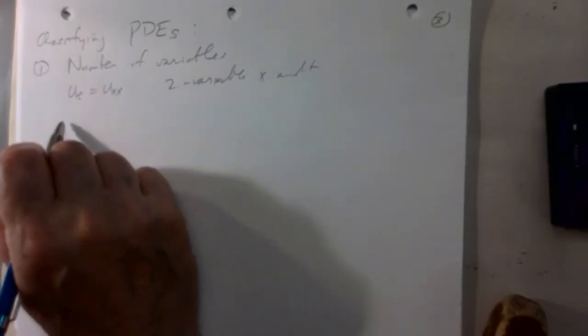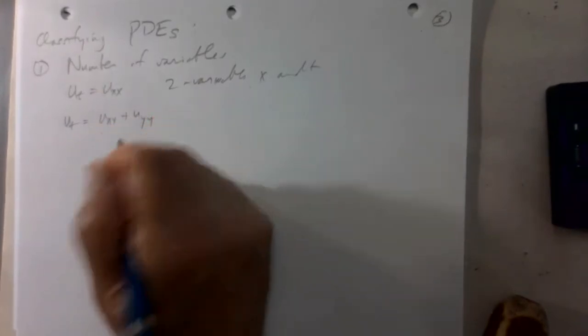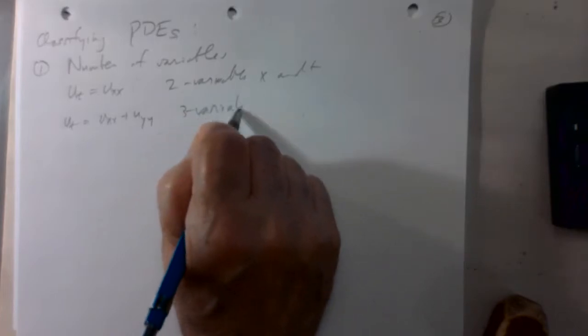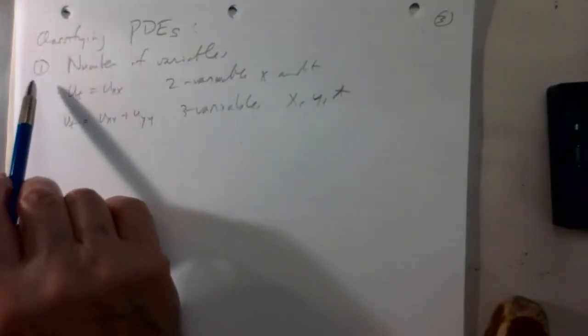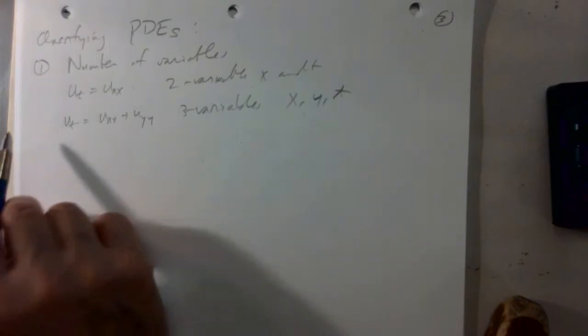If you have ut equals uxx plus uyy, these are all famous equations. This has three variables, x, y, and t, and so forth. So the first thing you look for when you want to understand a differential equation is how many variables we are talking about. There have to be at least two, otherwise it's not a partial differential equation, it's just an ordinary differential equation. So a PDE will have two or more variables, and we want to check how many variables there are.